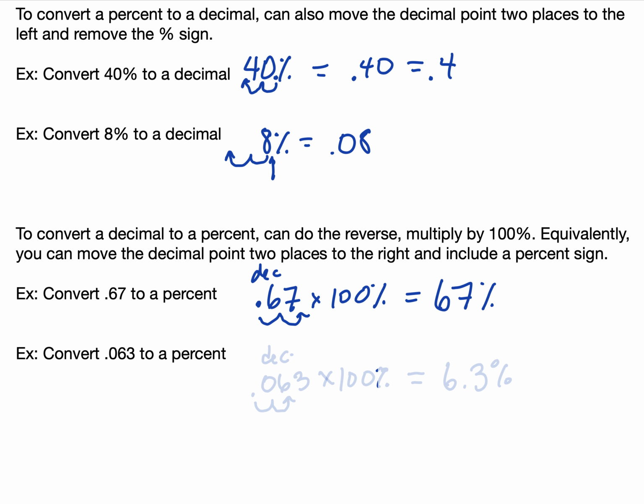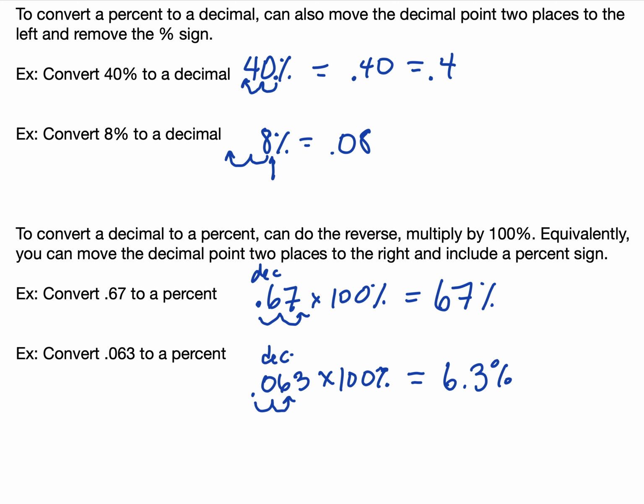If we were converting 0.063 from a decimal to a percent, then we would be multiplying it by 100%, and that's equivalent to moving the decimal place 2 places to the right and adding a percent sign, so that's 6.3%.